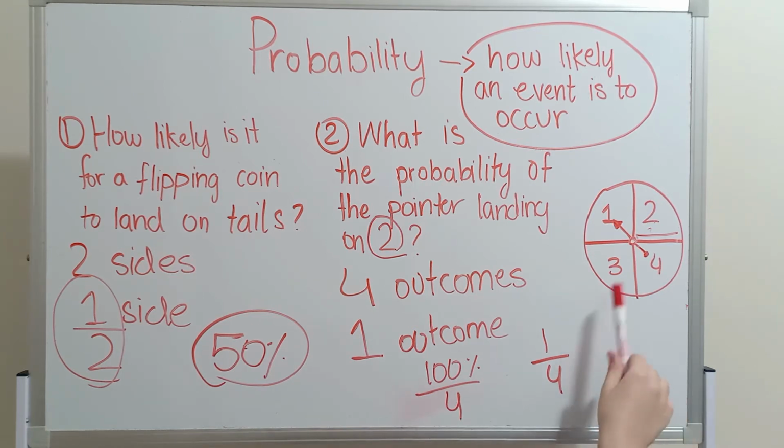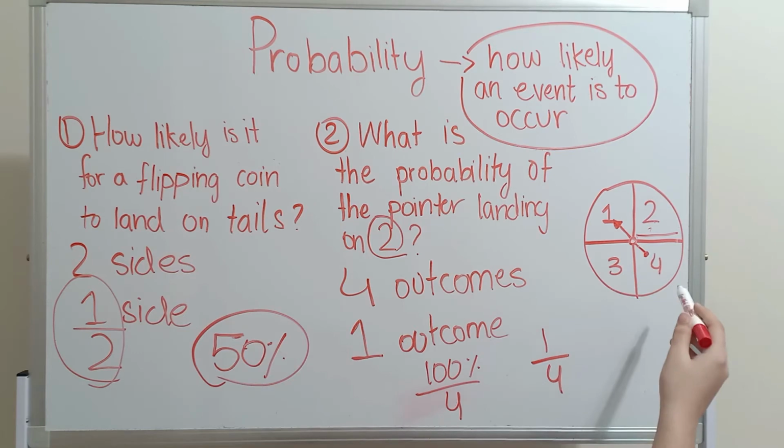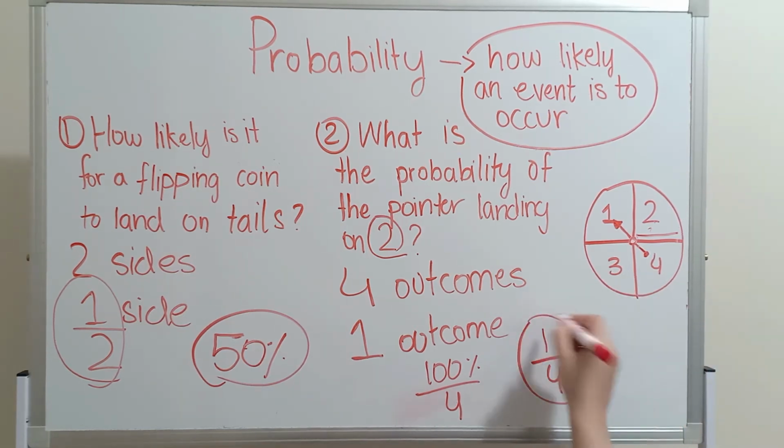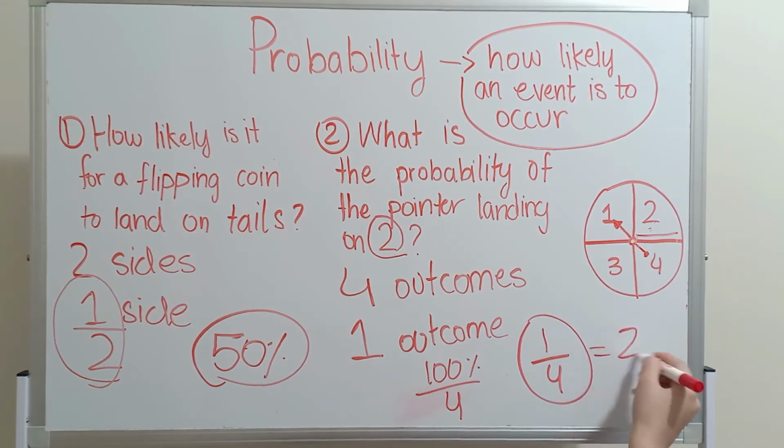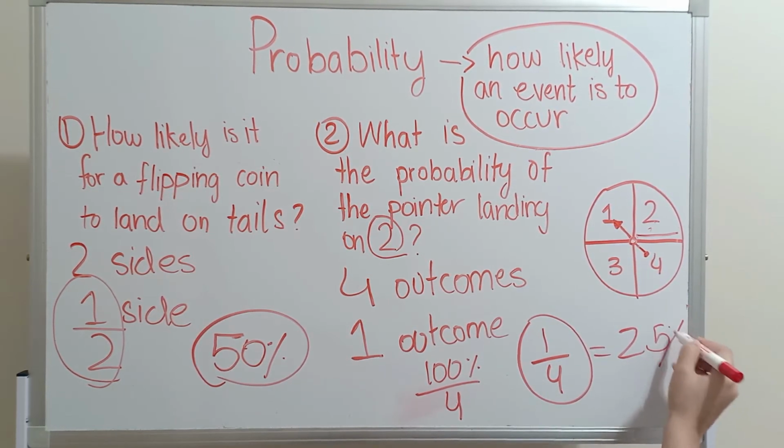Since these are all equal, the probability of the pointer landing on any side, meaning 1, 2, 3, or 4, is the same, since the sections have equal size. So it is going to be 1/4, or in percent form, 25%.